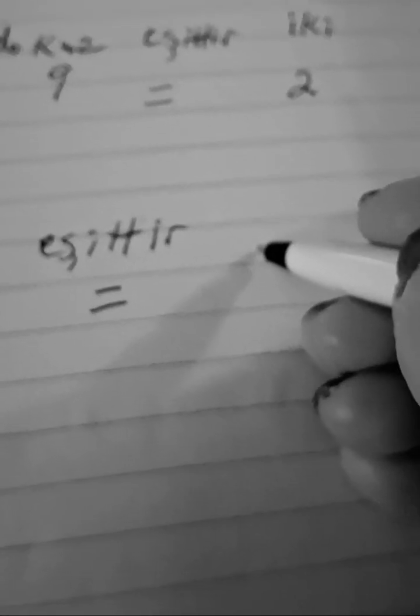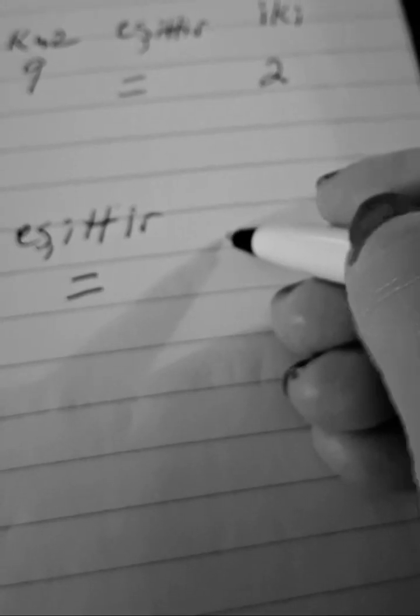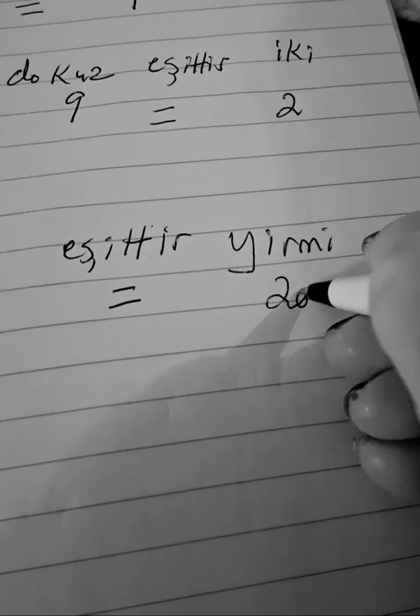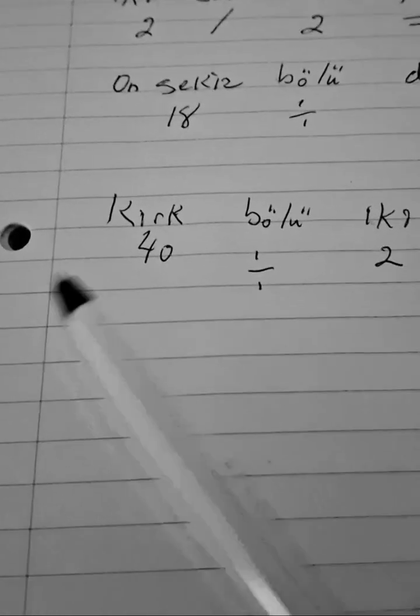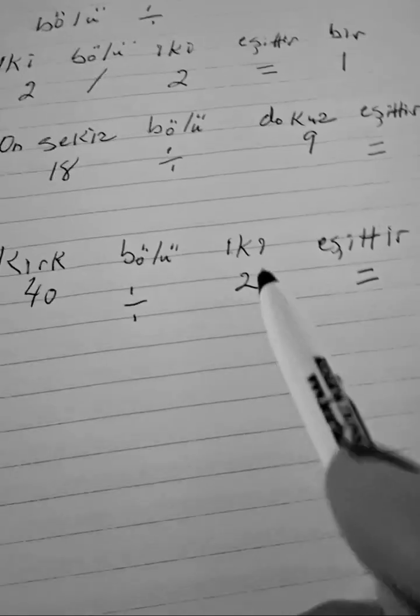I think it's because I get my finger in there. So, kırk böl iki eşittir yirmi, which is 20. 40 divided by 2 equals 20.